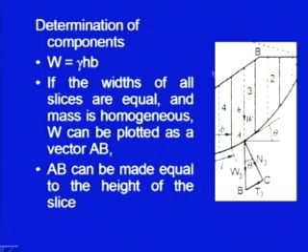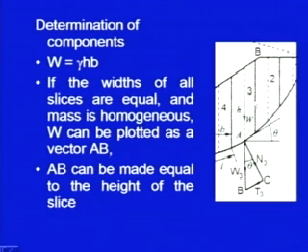Now, graphically, to calculate the different forces, let us start with the weight W. This is the third slice which we are taking into consideration. Weight will be equal to gamma into h into b, where h is the average height of this slice and b is the width of this slice.